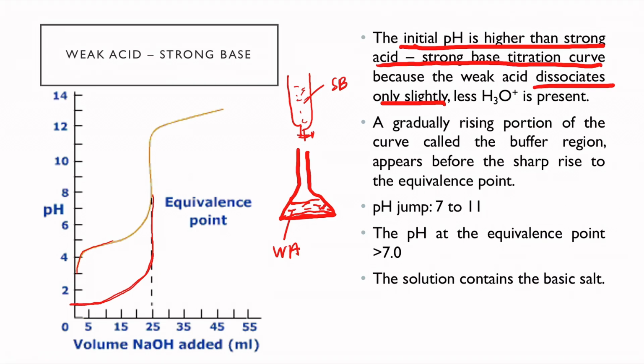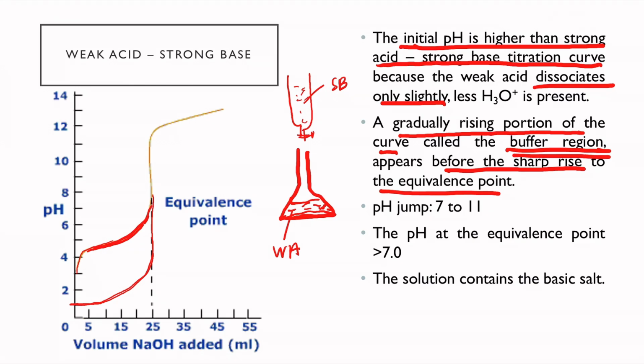One more thing. A gradually rising portion of the curve is called the buffer region. It appears before the sharp rise to the equivalence point. Which part is that? It is this part, the buffer region.